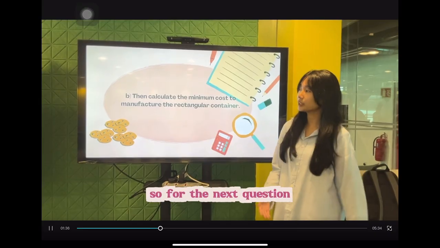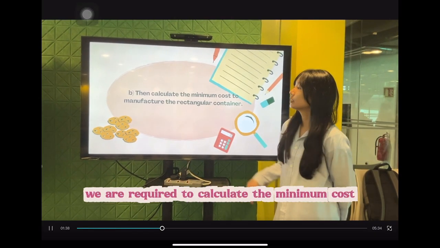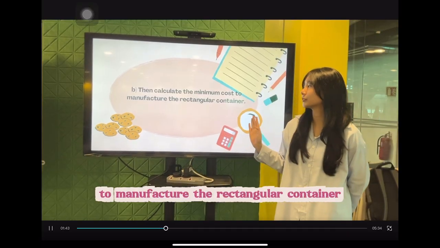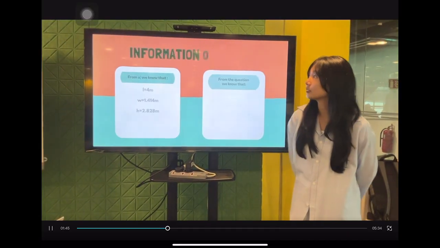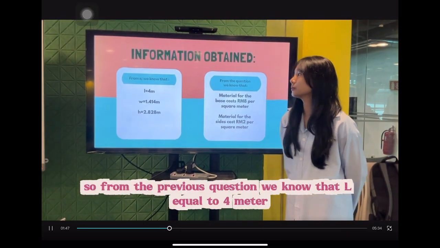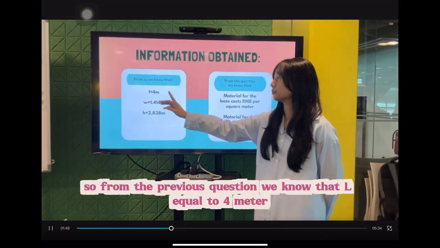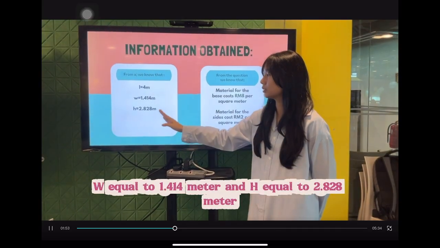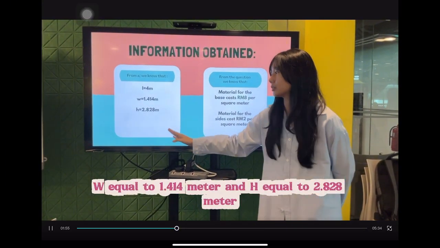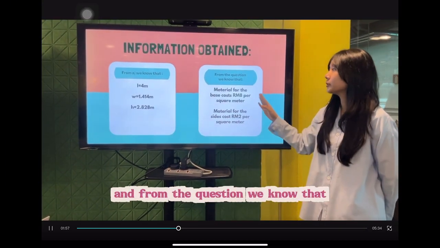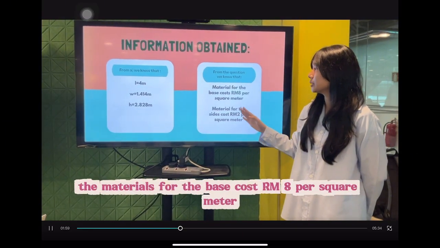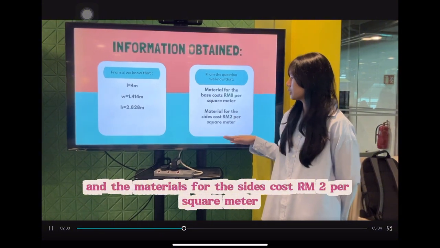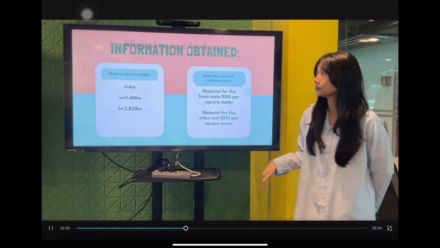So for the next question, we are required to calculate the minimum cost to manufacture the rectangular container. From the previous question, we know that L equals 4 meter, W equals 1.414 meter, and H equals 2.828 meter. And from the question, we know that the material for the base costs Rm8 per square meter, and the material for the sides costs Rm2 per square meter.